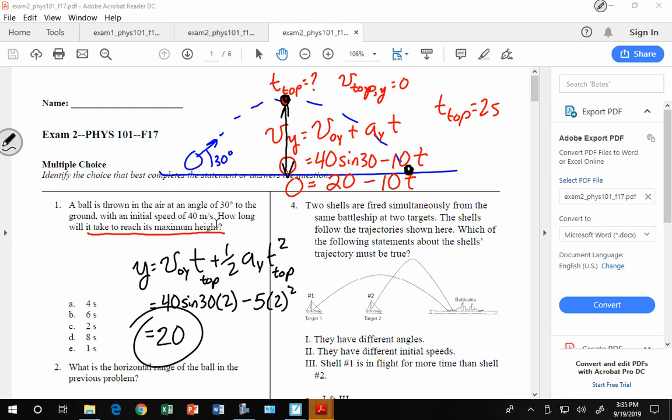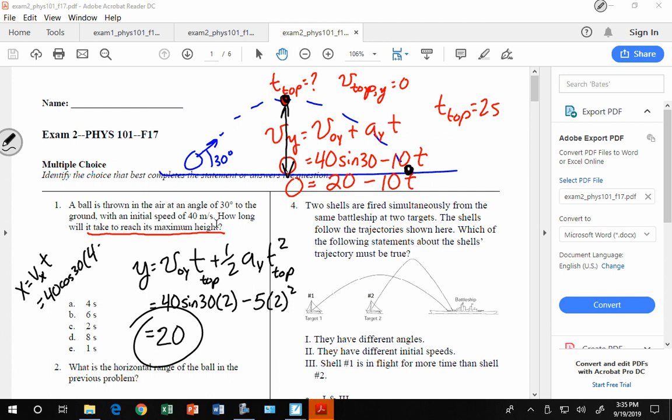And then if I want to know the x range, I already know Vx. Wait, no, I don't know Vx. It's 40 cosine 30. And then the time that I use there, what time do I use there? I double it.